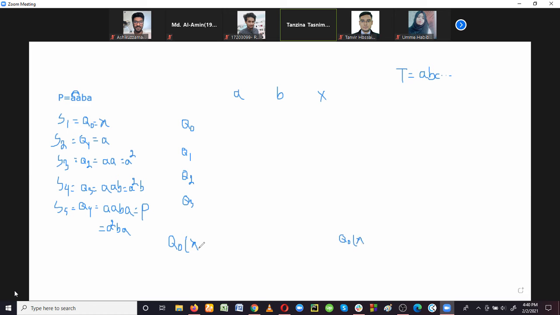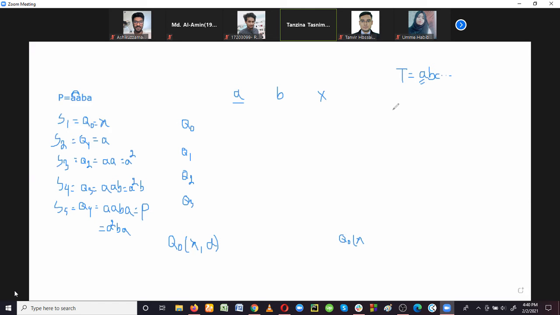Suppose this is our text, and the first character of the text is A. After receiving this value, it will add it here. The algorithm is in which state? It's in state Q0.